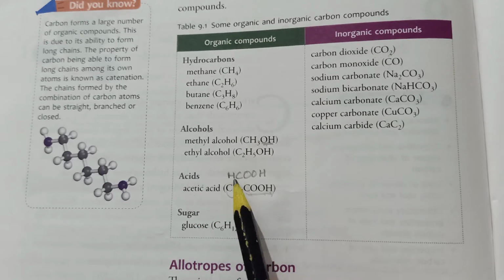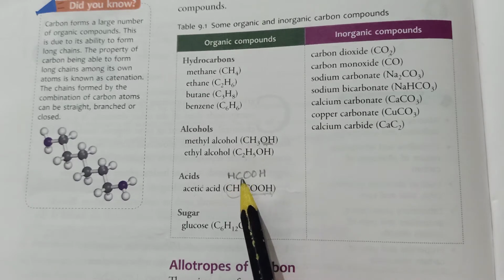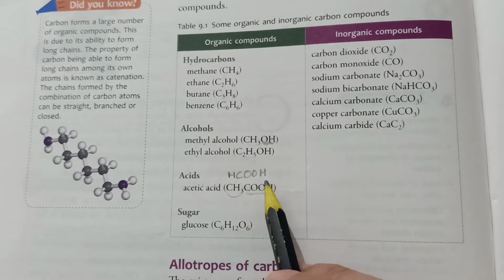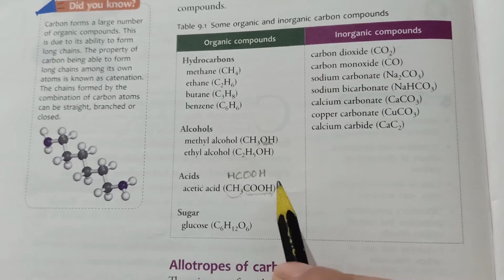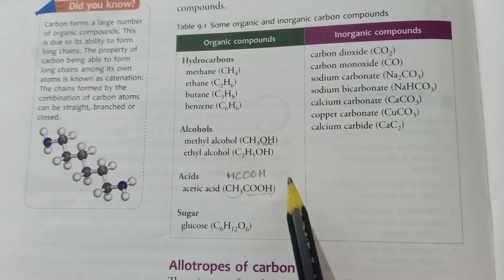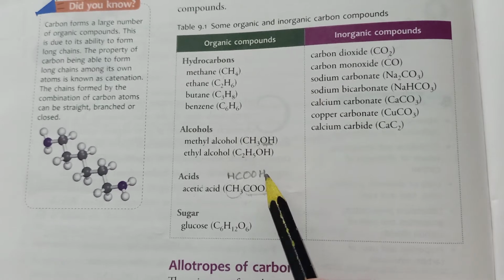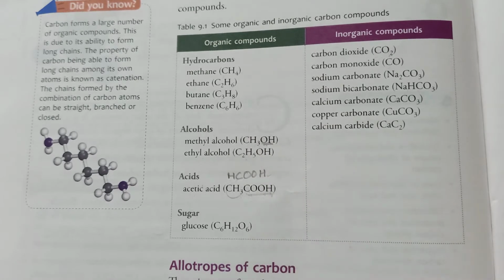This is another acid with carbon and hydrogen. We have acid group COOH, and this is called formic acid, the acid which we get when ants bite us and we feel itchy. That itchiness is due to the presence of formic acid.